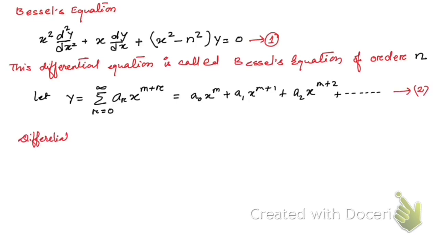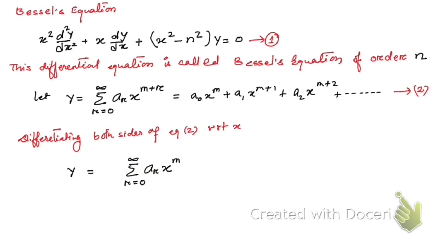Now let us differentiate both sides of equation number 2, the power series solution that we have assumed, with respect to x. If we differentiate this, on the left hand side we have dy by dx.